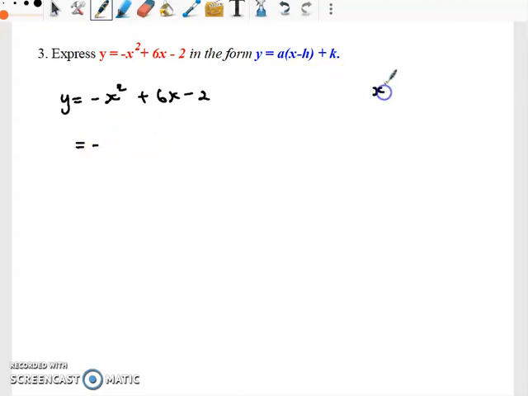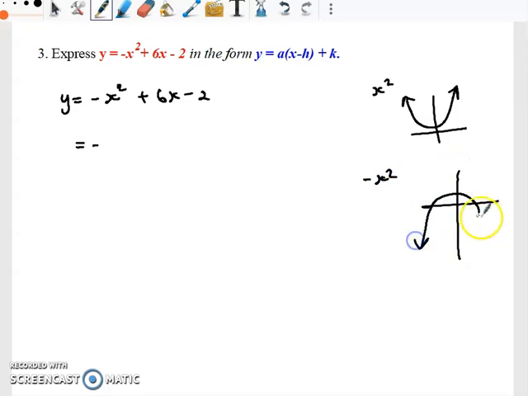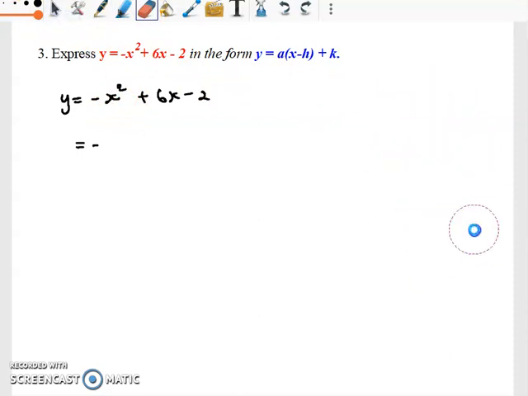So if you have an x squared and the x squared is positive, then you'll have a parabola that opens upwards, as in smiling. And if you have a negative x squared, the parabola will open downwards, as in a frown. So that's what the negative sign does to the parabola. Right, let's move into this example now.